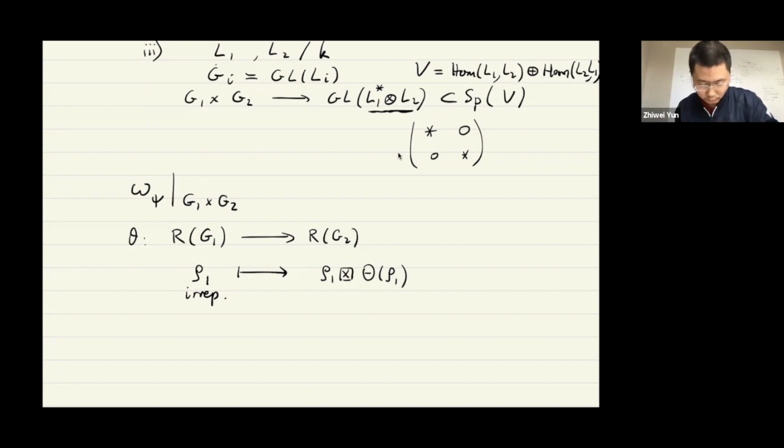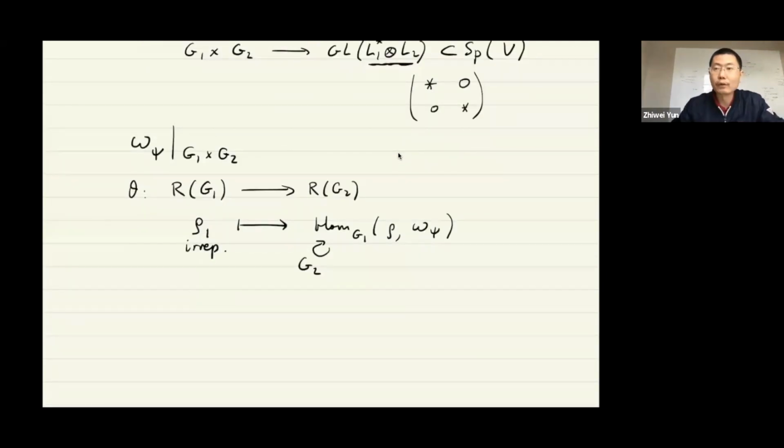So just send it to hom, the multiplicity of rho in this oscillator representation, as a representation of G2. So that at least defines a map on the level of Grothendieck groups.